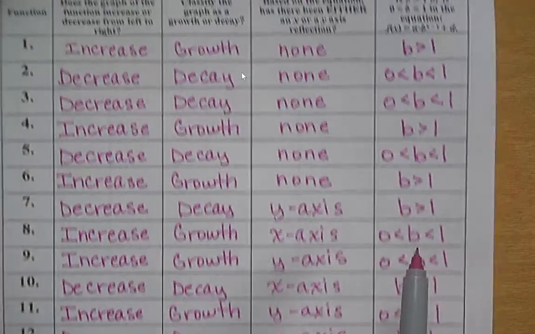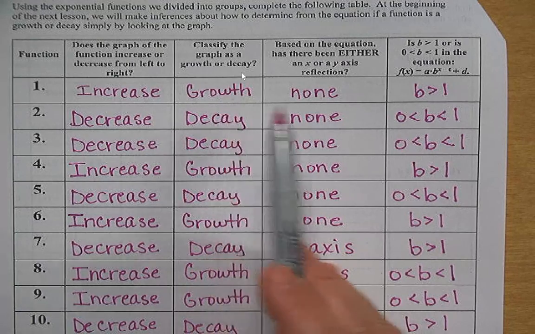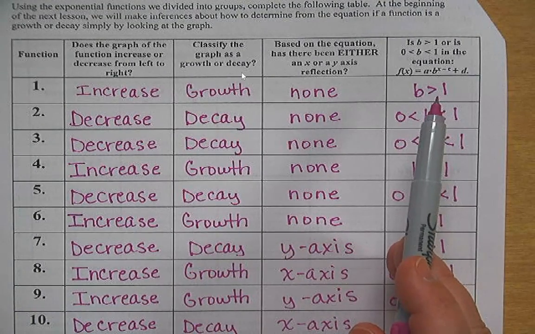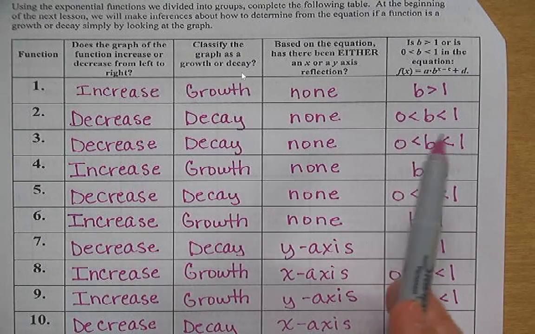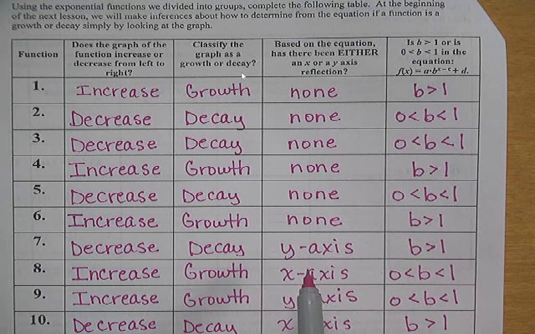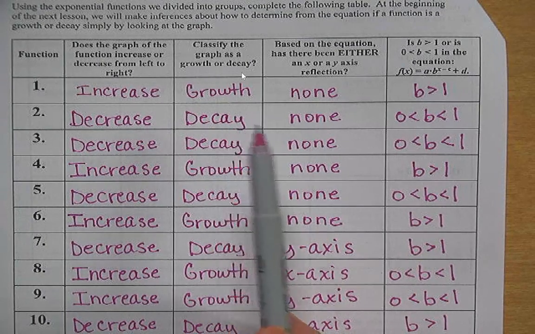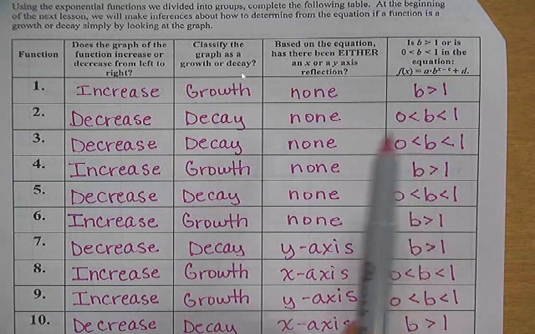What we can observe here is that an exponential growth occurs when your b value is greater than 1. Unless your b value is between 0 and 1 and you have a reflection, then you will also have a growth. Otherwise, a decay can be found when your b value is a fraction between 0 and 1.